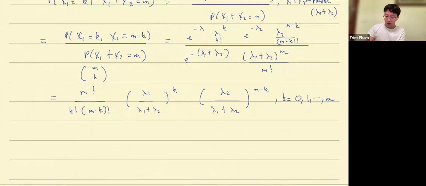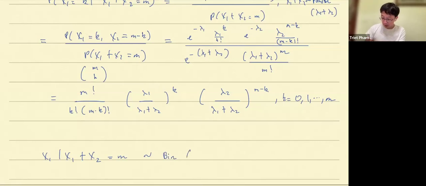So can we say the distribution of x1 conditioned on x1 plus x2 equals m is a binomial?